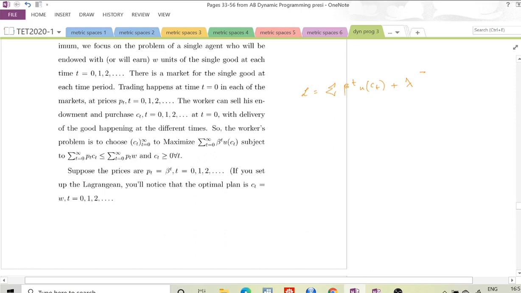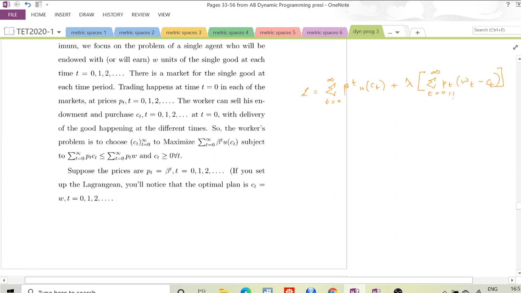So I have something like summation p_t, and I'm hoping that these infinite series are all nicely defined.